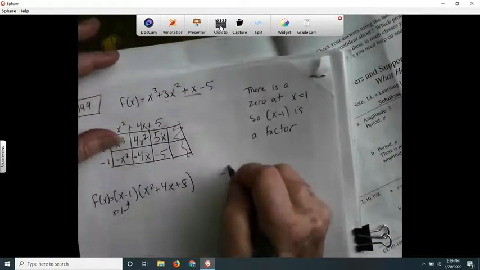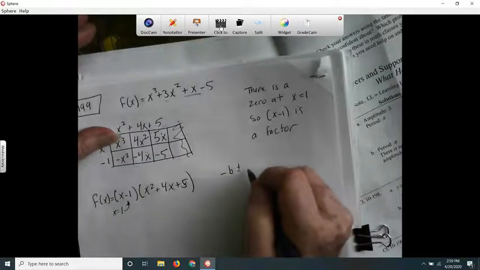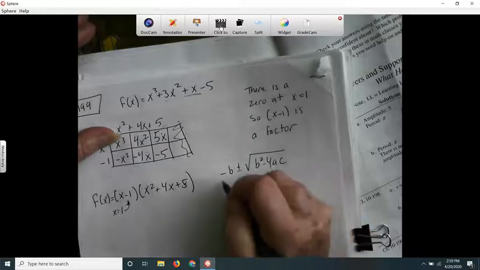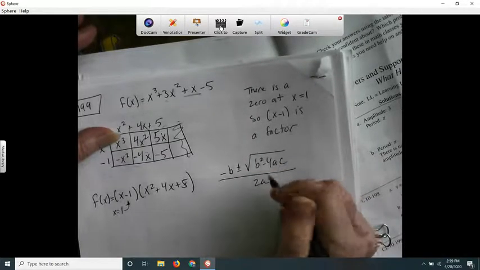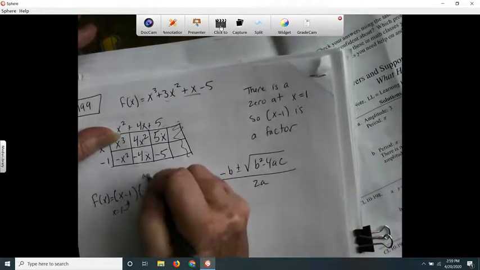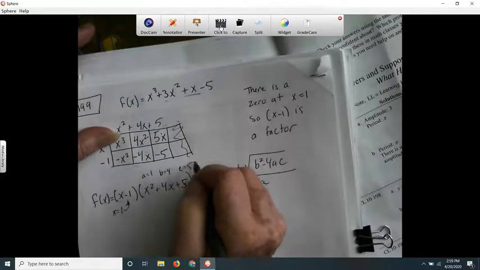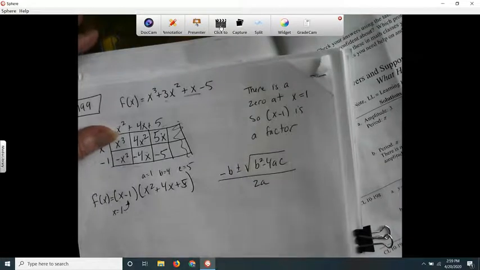I think it's negative b plus or minus the square root of b squared minus 4ac, over 2a, where a equals 1, b equals 4, c equals 5. Okay, we'll plug them in there.